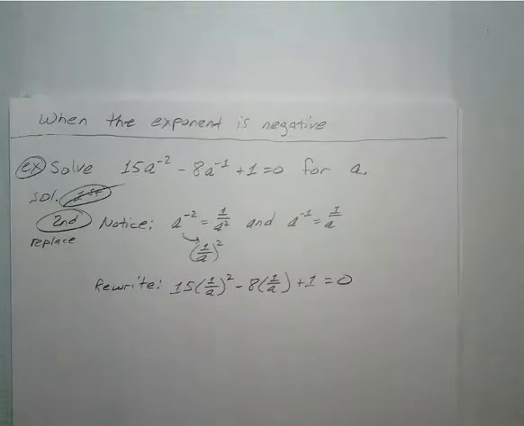And again, if you wanted to, you could have made that a to the negative 1 power squared, and you would have ended up with the same answer. It's just a matter of preference to write it this way.